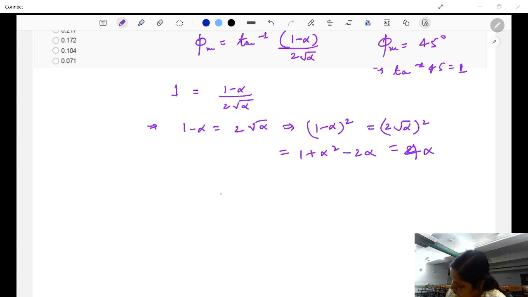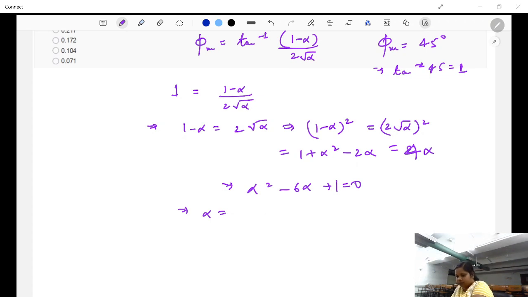So it is 1 plus alpha square minus 2 alpha is equal to 4 alpha. From here, you can derive what is the value of alpha. There are two values of alpha that you're going to get. Definitely, we need to check which of these alphas are really valid. So once you find the roots of this quadratic equation, you'll get 0.172 or 5.83.